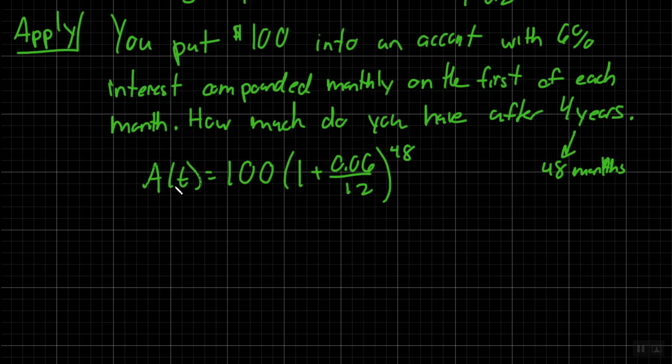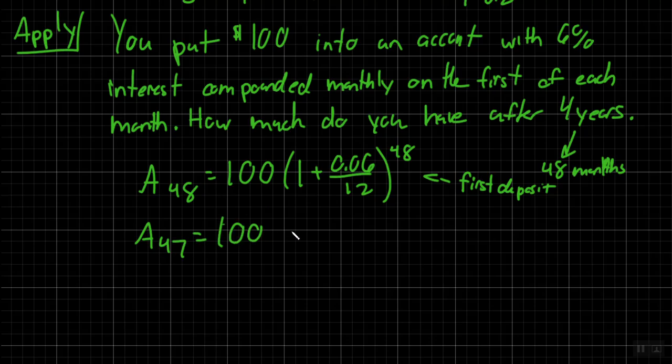If I'm talking about series right now, this is a of 48. We have an exponent up in the top. We want to find out how much you have after 4 years. So this is my first deposit. My second deposit will be 100 times (1 plus 0.06 over 12), same thing, except now I'm down a month, I have 47.